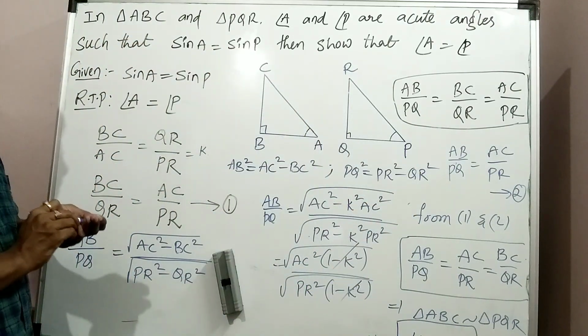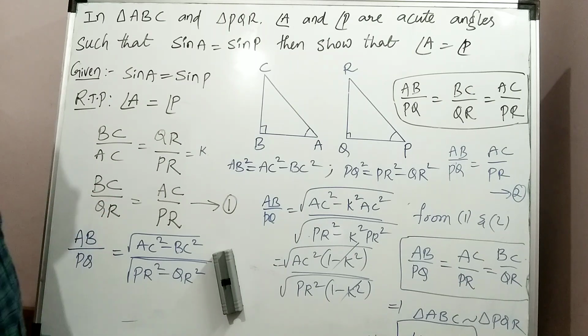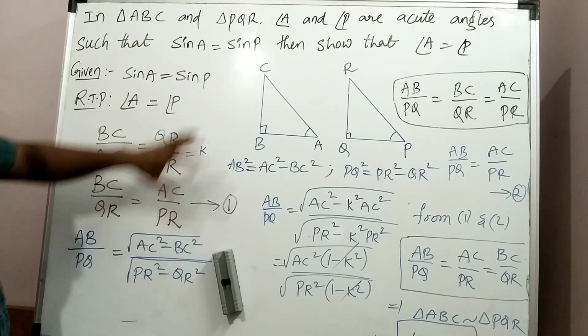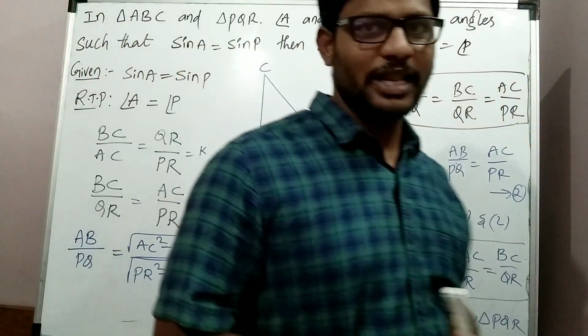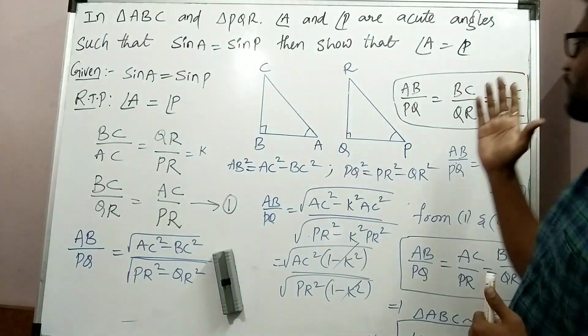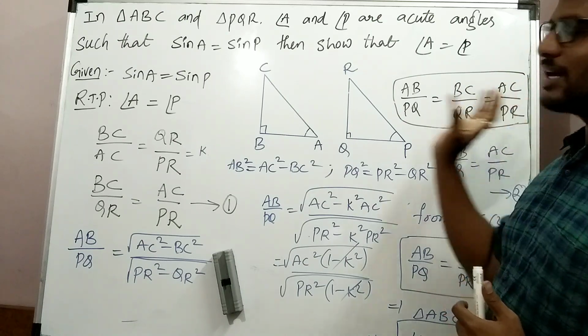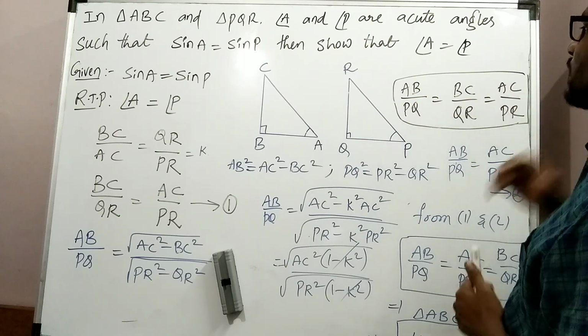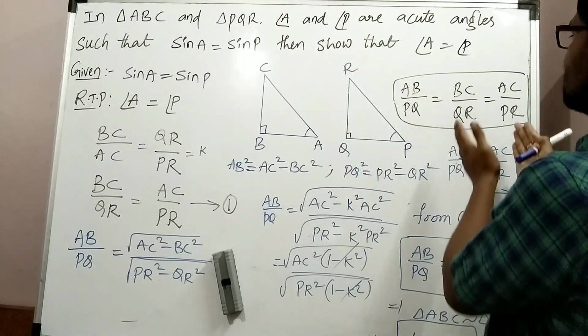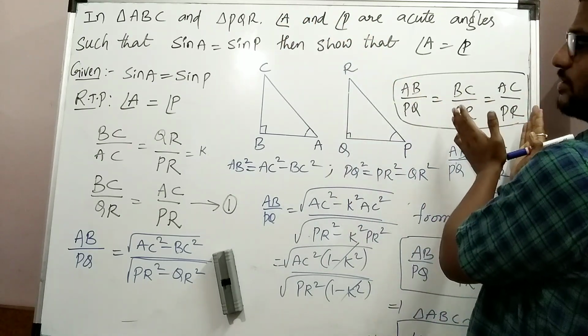So to prove angle A and angle P are equal, I proved these two triangles are similar. To prove two triangles are similar, our first target is proving corresponding sides proportional, that means the corresponding ratios are equal. From the given condition, we get two ratios equal.